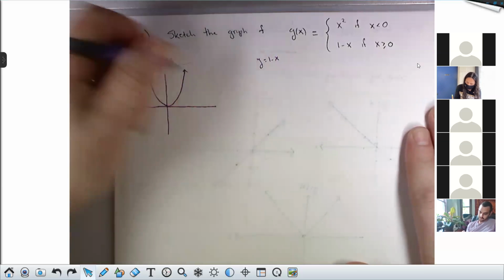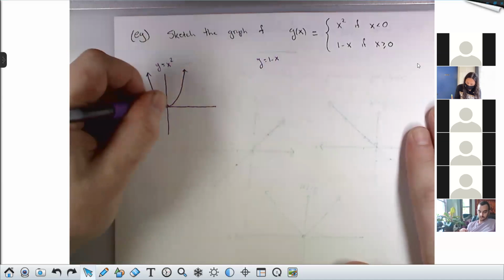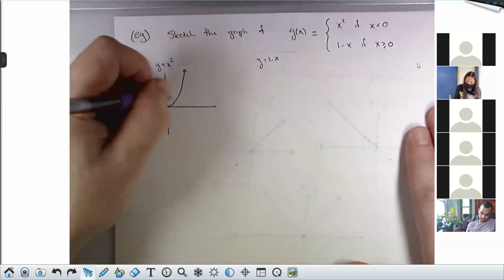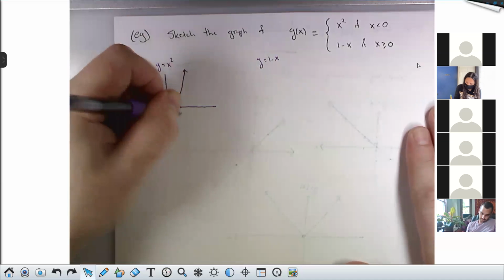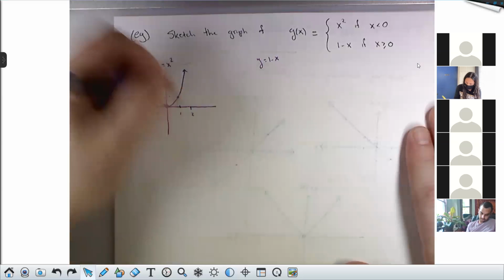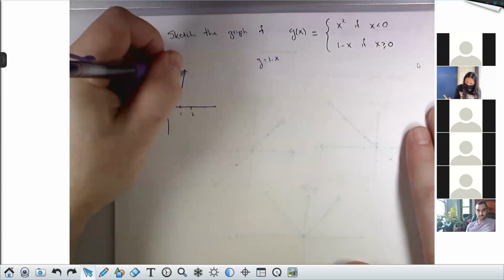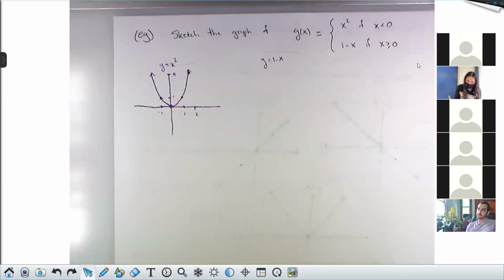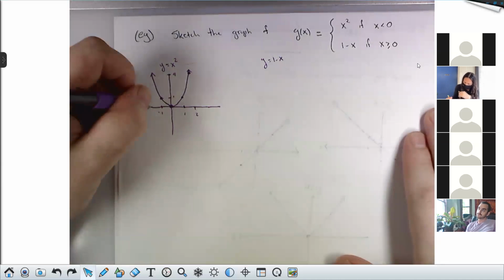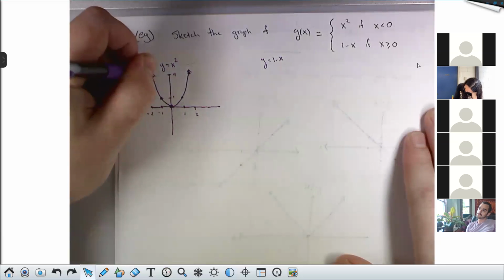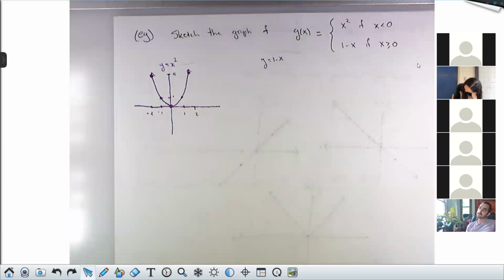It looks like this. 0, 0 is on the graph. -1, 1 is on the graph. +1, 1 is on that graph. Also, you have things like 2, 4, and -2, 4. So there's the graph y equals x squared.